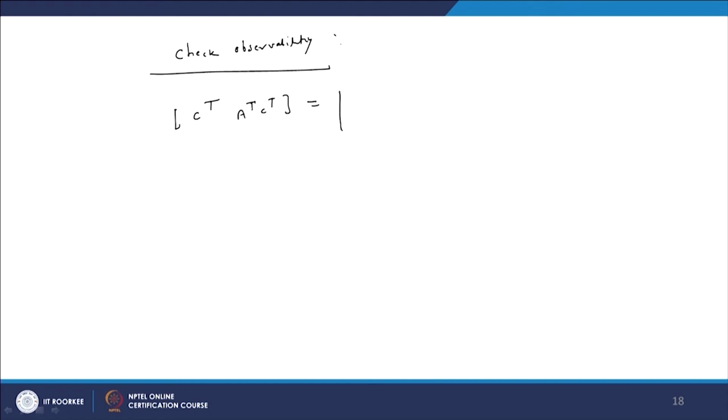So here C transpose is [1 0] and A transpose C transpose, if you do the multiplication we will get [0 1]. So it is the observability matrix. The determinant of the observability matrix is nonzero, so we can say your system is observable.